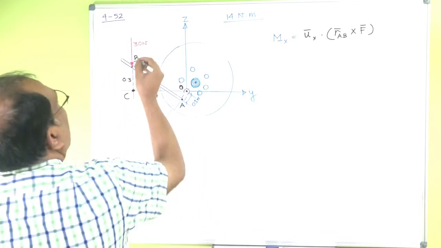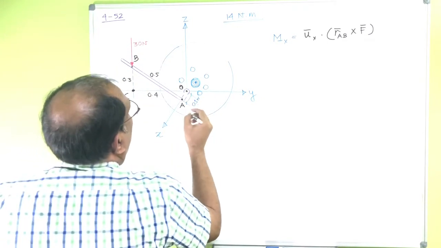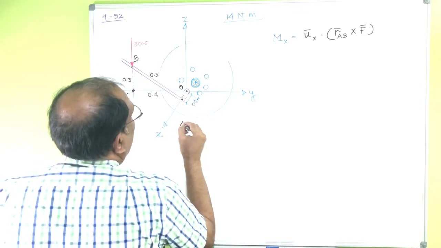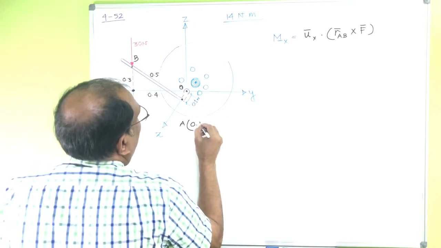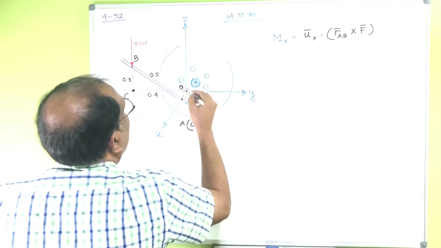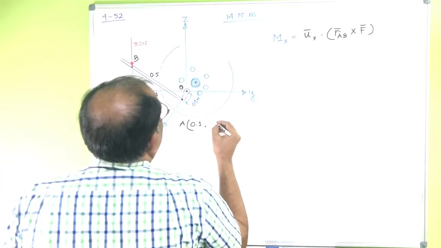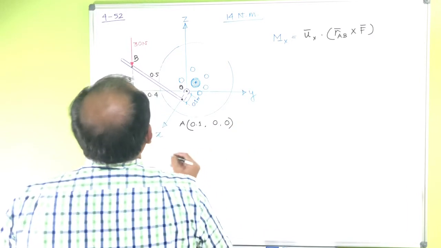The location for A is 0.1 m in the x direction, and in the y and z directions it is 0 and 0.